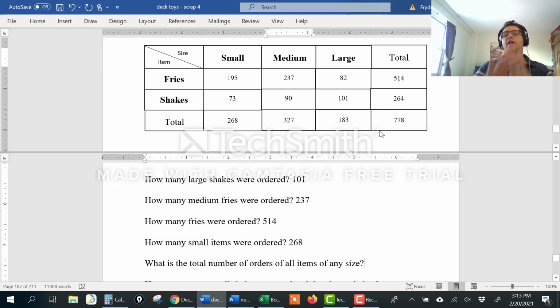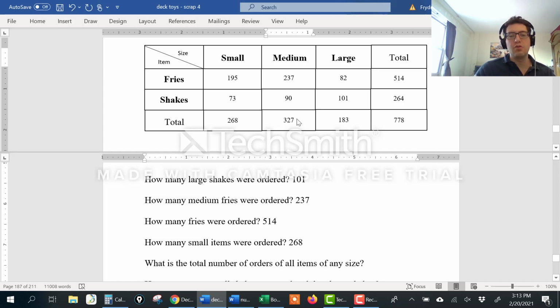That's the total number of everything that was ordered, whether it was fries, shake, or if it was small, medium, large, everything. Just add it all together, we get 778. And this number, by the way, is the same number that you would get if you added these three numbers over here. So there was a total of 268 small items, 327 medium items, 183 large items.